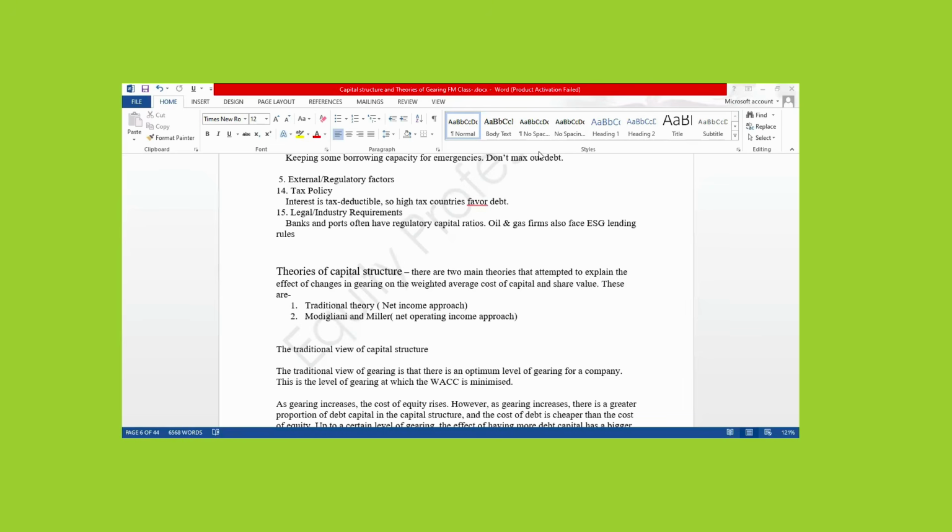These theories are, one, the traditional theory of capital structure, and two, the Modigliani and Miller theory of capital structure. These are the two main theories of capital structure.